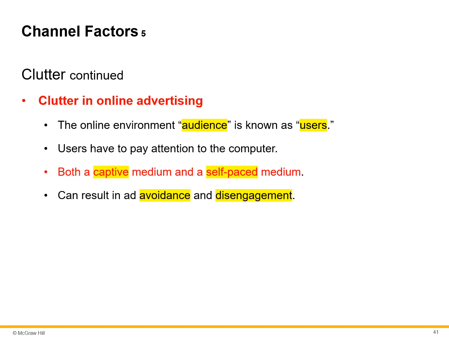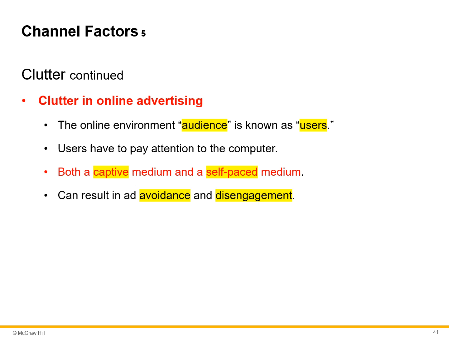Clutter in online advertising. The audience in the online environment is known as users. It's not exactly an audience, but users, right? Users have to pay attention to the computer. It's both a captive medium and a self-paced medium.